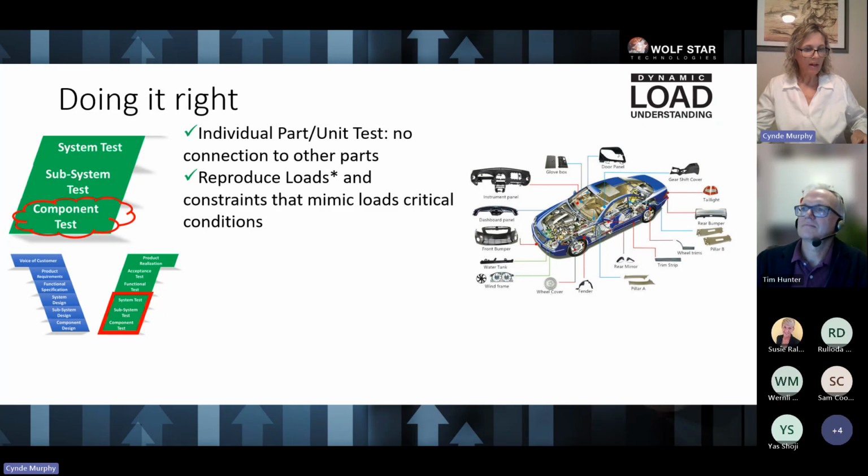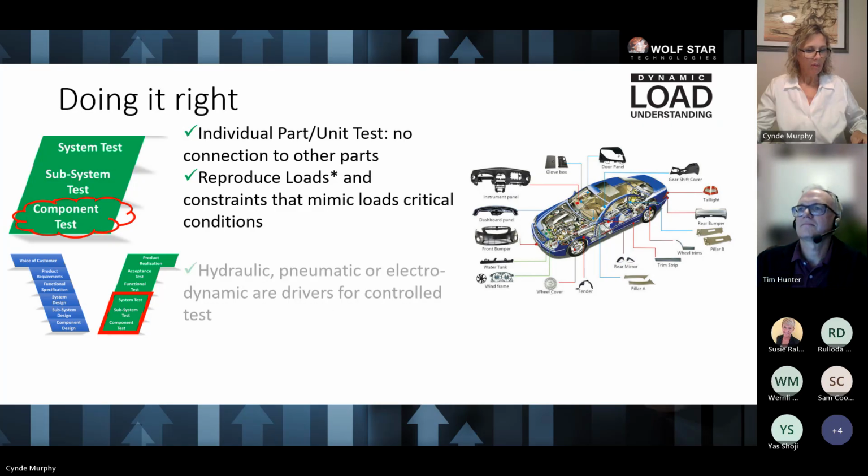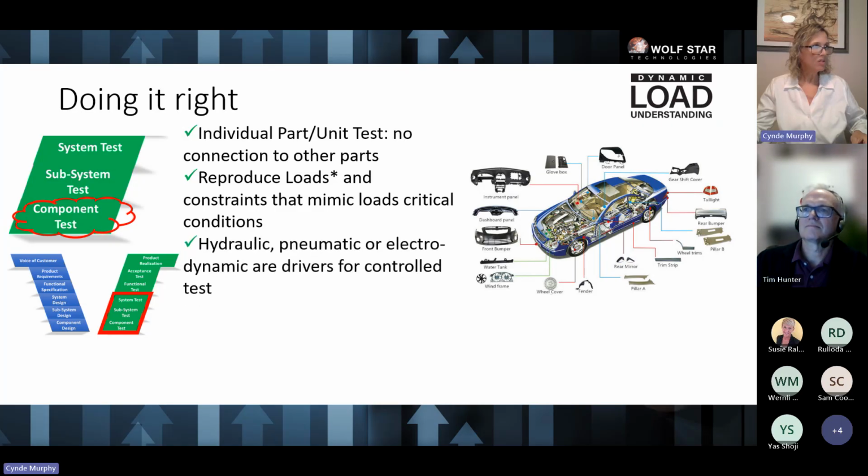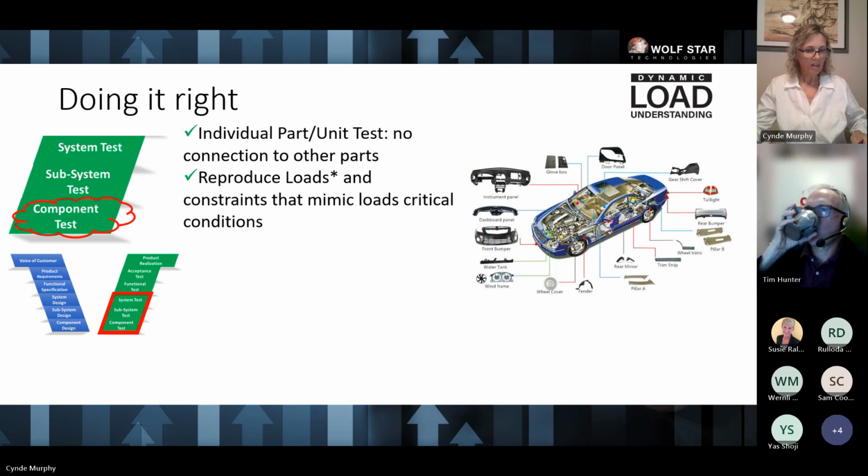The test is driven by loads and constraints that mimic real life as much as possible. And the constraints and reactions are minor fixture components that imitate stiffness of mating parts. So that's loads and constraints.